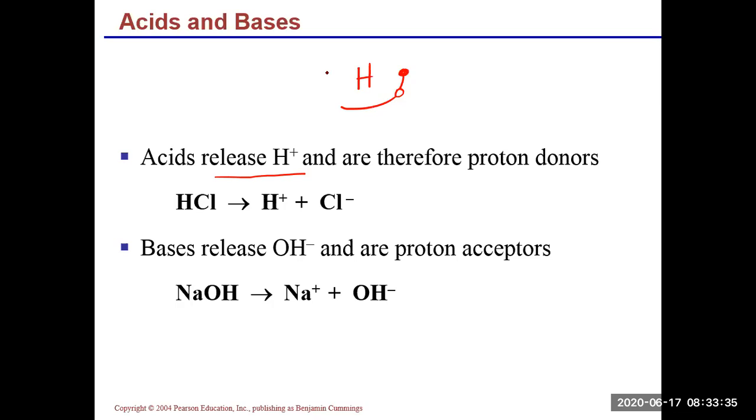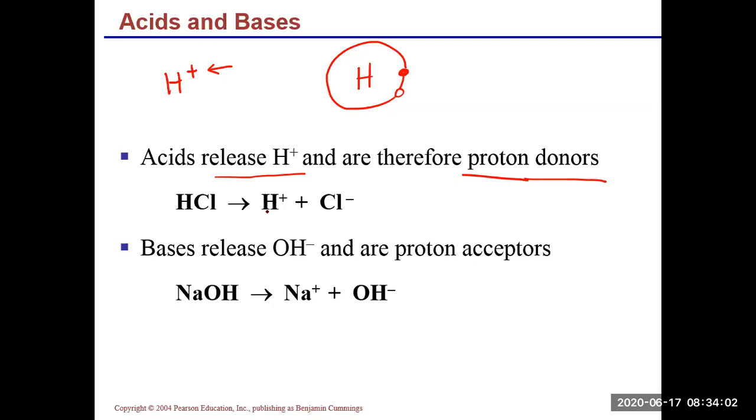So when you donate that, the electron is gone and it becomes H+. The plus is because it has an extra proton, so sometimes this is called a proton. When we say proton donors, it means that if it combines with something else, it has the protons. It doesn't have the electron, but it has the protons.